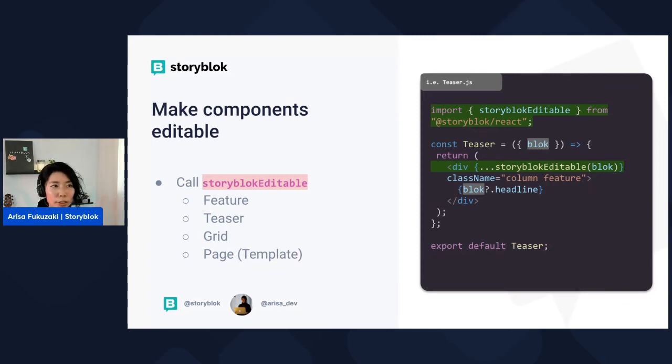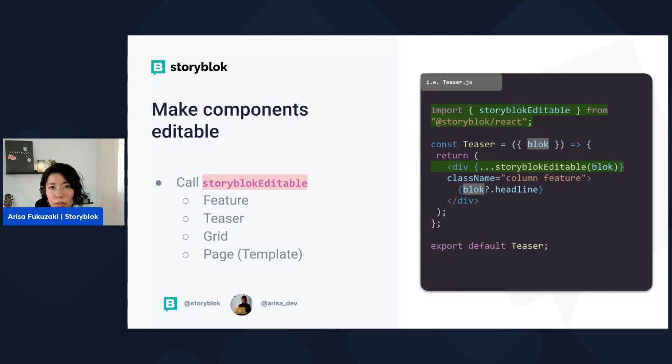All right, so in this step, we are going to make components editable, because until this moment, we have defined the components, but we haven't implemented any kind of logic so that they can be edited in real time. To enable such a feature, we have another API called storyblokEditable from the same React SDK.